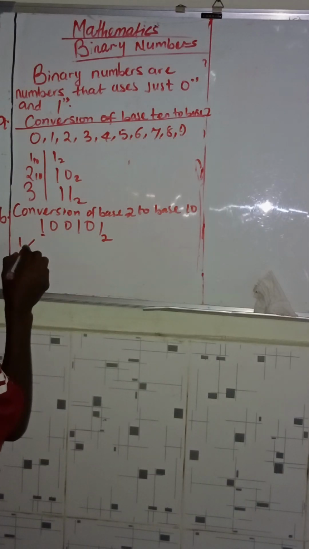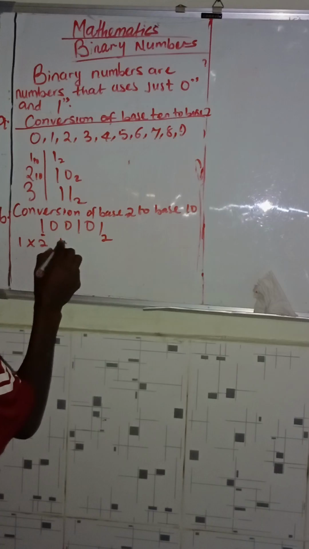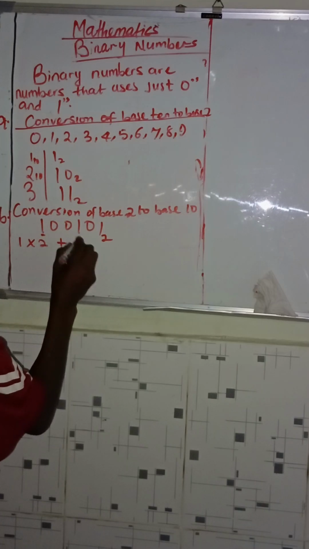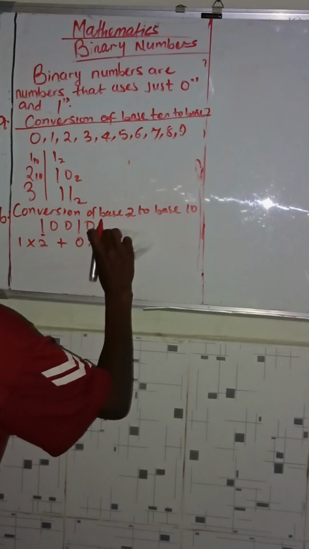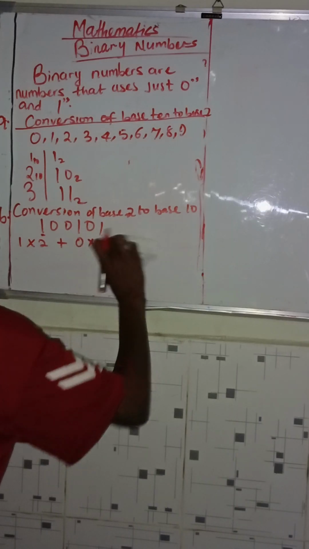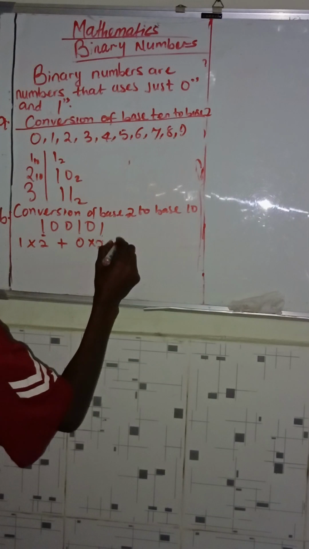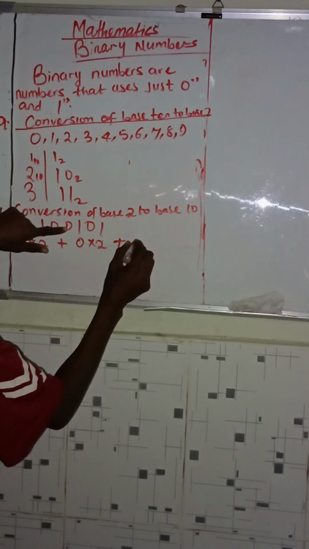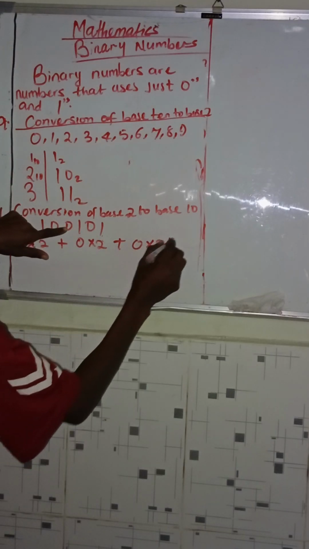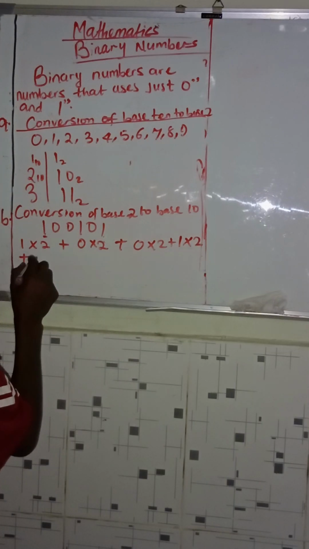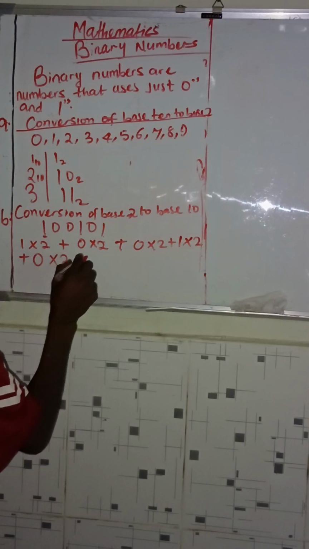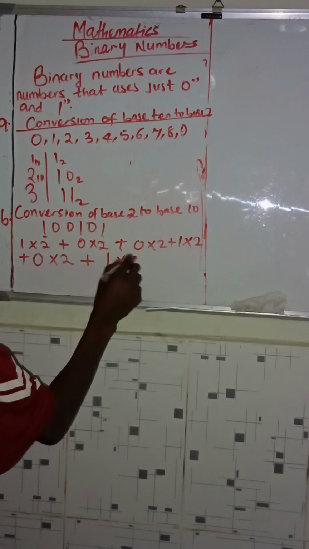We say 1 multiplied by 2 plus, what is this? 0 multiplied by 2, right? Sorry. Plus, what is this again? 0 multiplied by 2 plus 1 multiplied by 2 plus 0 multiplied by 2 plus 1 multiplied by 2.